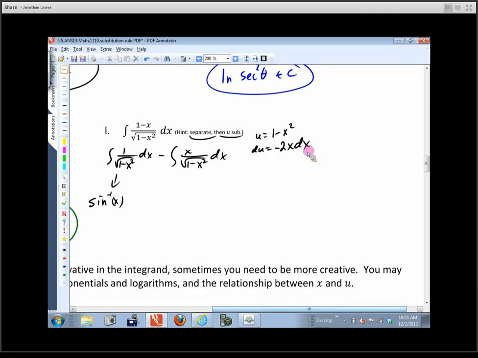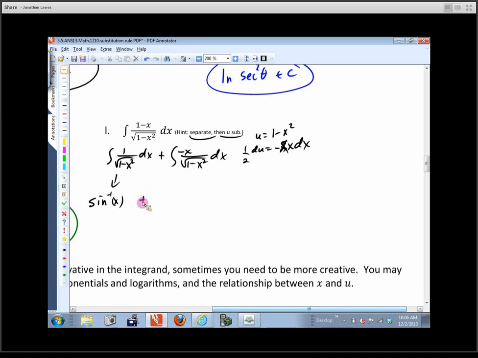I like that negative being in there, so I'm going to put a plus right here. And I don't need the 2, so I'm going to multiply both sides by 1/2 and get rid of that. So the 2 would be gone from this side. So wherever there's a negative x dx, I can put a 1/2 du.